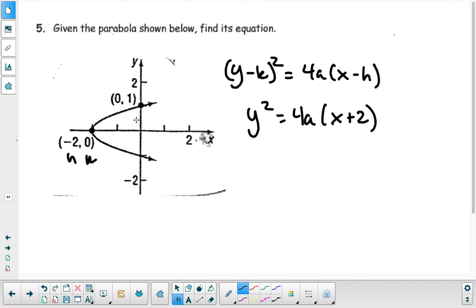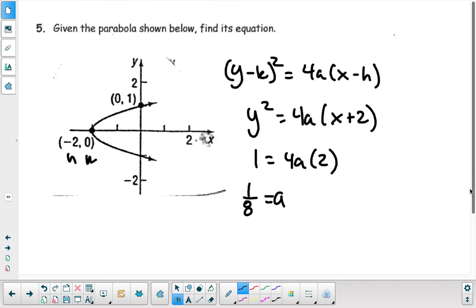It just depends on other things. But because we don't know what it is, we just need to plug that in and then solve for a. So we're going to plug in 0 for x, 1 for y. 0 plus 2. So a is equal to, this is 8a, or a is equal to 1/8.